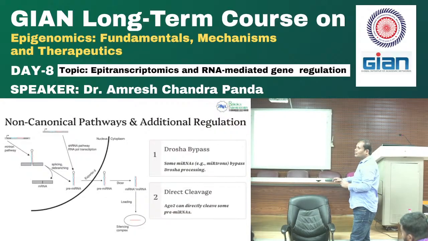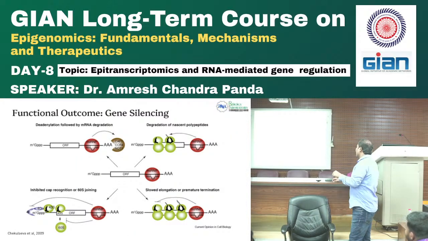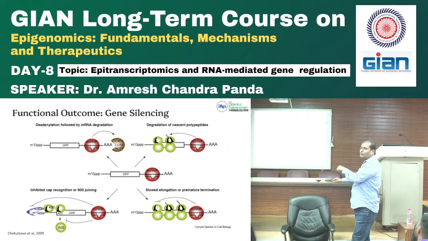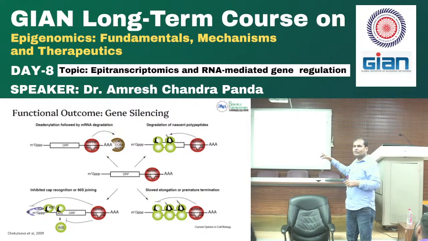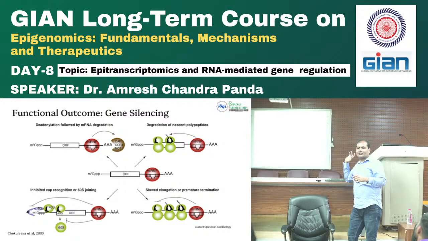And when it comes to the function, microRNA binds to the 3' UTR, then degrades the nascent protein. It induces degradation of the poly-A tail. It can inhibit the cap so that the translation doesn't happen efficiently, or it can slow the elongation. In the last class also I said all this.